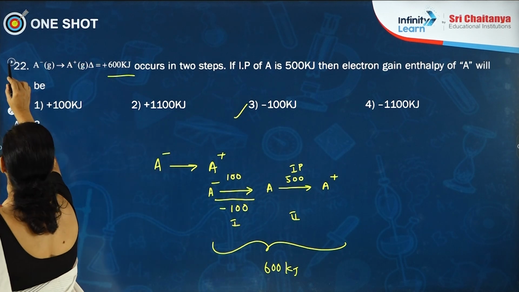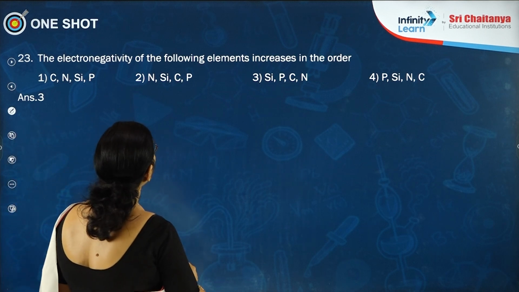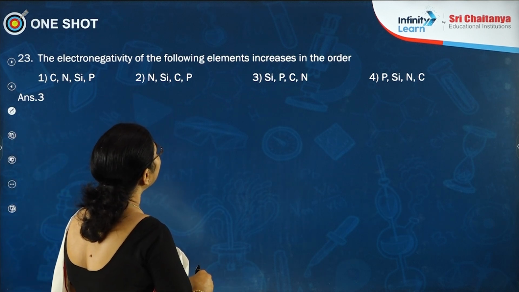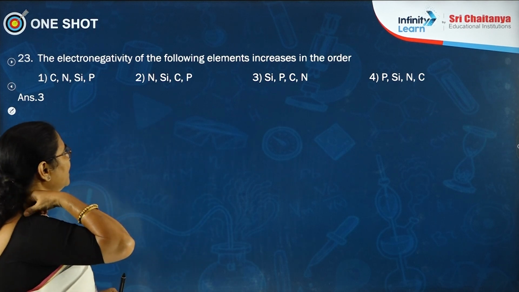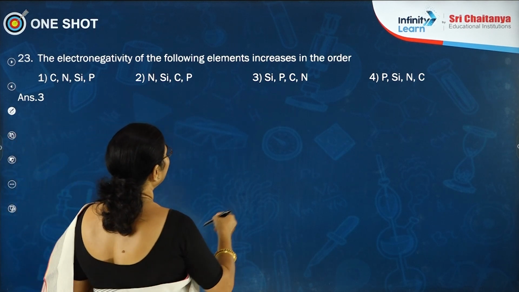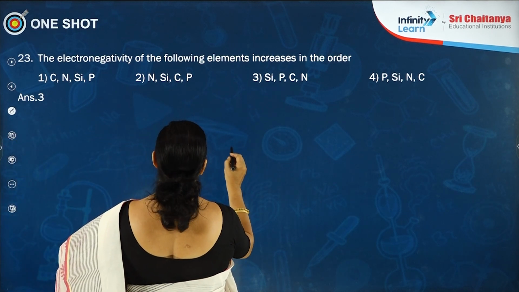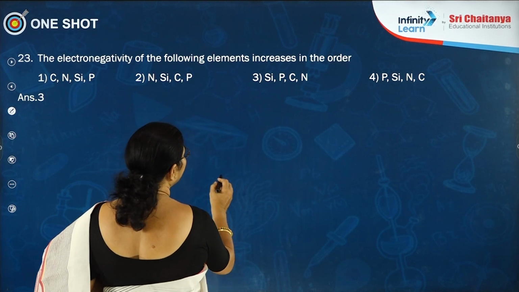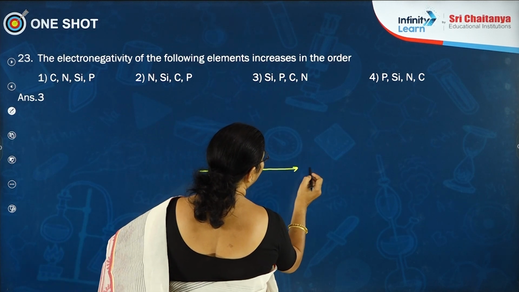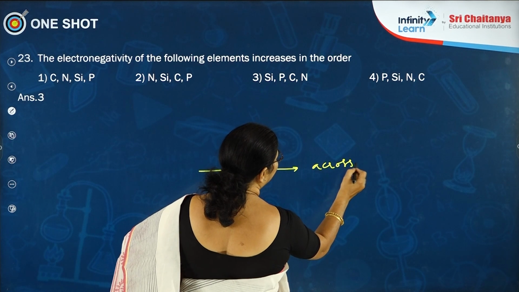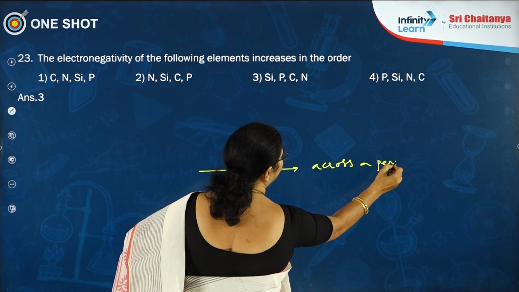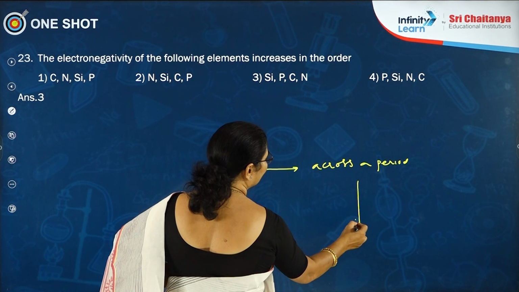Next. The electronegativity of the following elements increases in the order. Here you should know something: electronegativity increases across a period and decreases down the group.